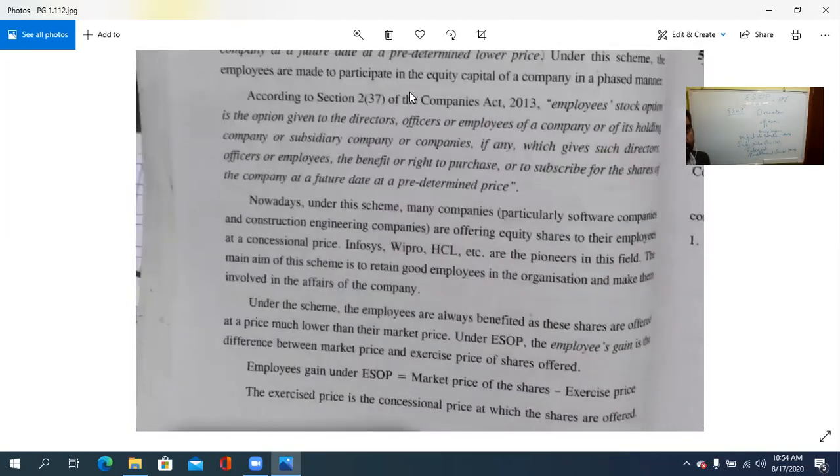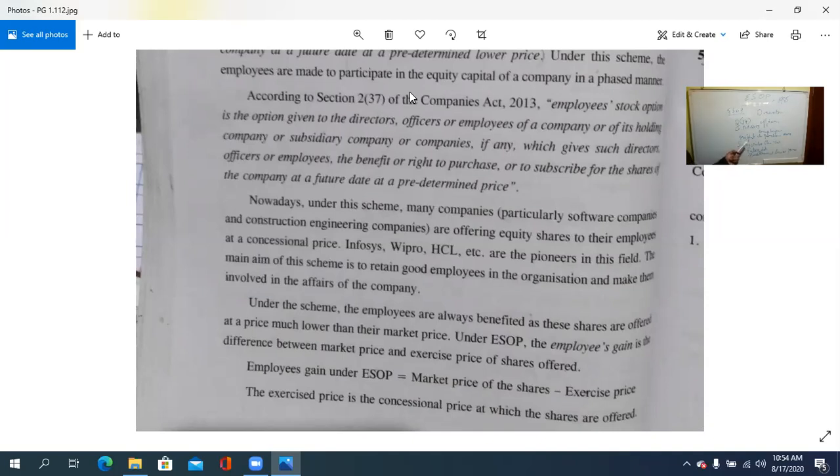Plan. So section 237, that is the section with regard to Companies Act 2013, not 19, 2013. So according to section 237 of the Companies Act 2013, employee stock option is the option given to the directors, officers, or the employees of a company or of its holding companies or the subsidiary companies, if any, which gives such directors, officers, or employees, what is this one?